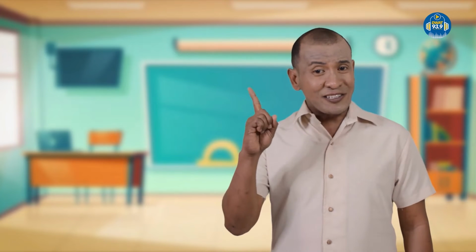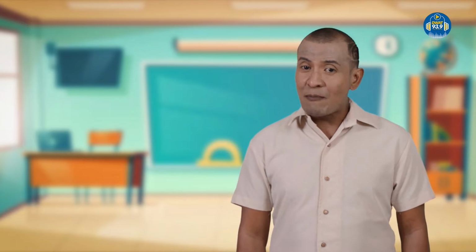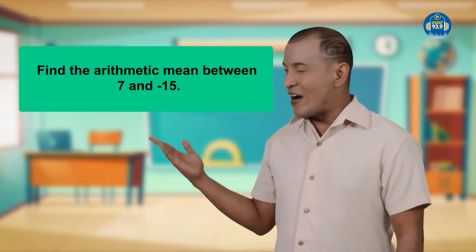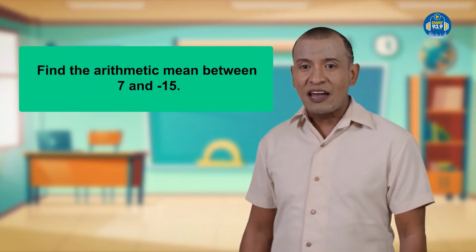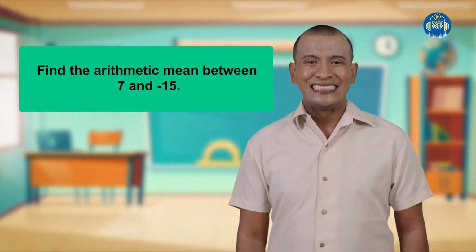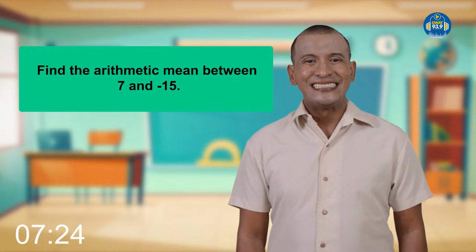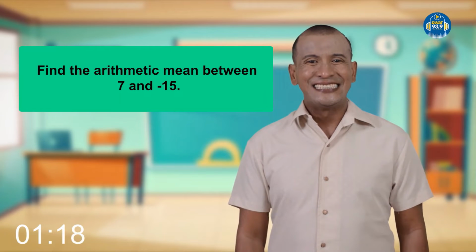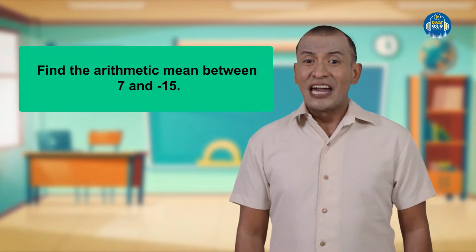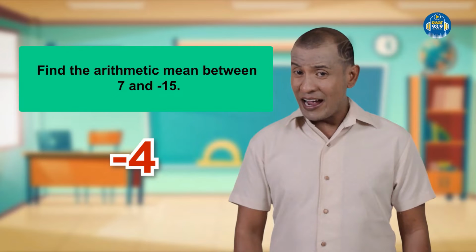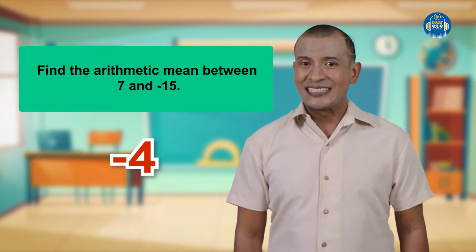Now, it's your turn to find the arithmetic mean or means of some arithmetic sequences. First, find the arithmetic mean between 7 and negative 15. If your answer is negative 4, then you are correct.